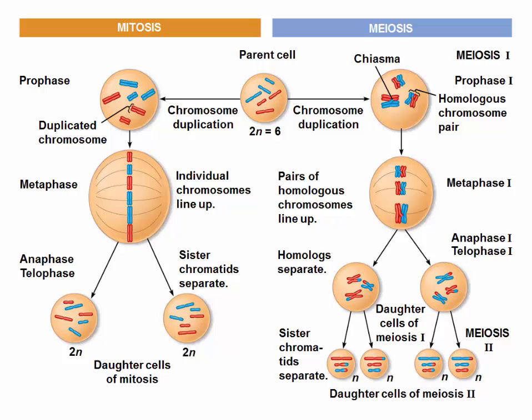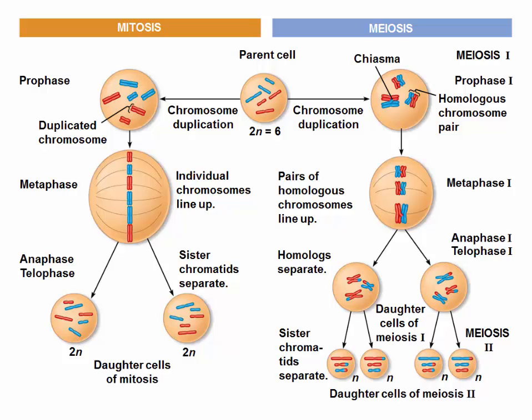But in meiosis, right away in prophase 1, we're seeing a difference, okay? So there's already crossing over. There are chiasmata forming, and there's crossing over of genetic material in homologous pairs. So in metaphase 1, yes, they are going to line up.